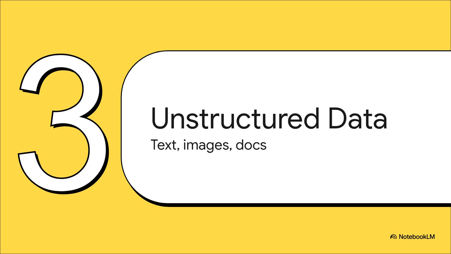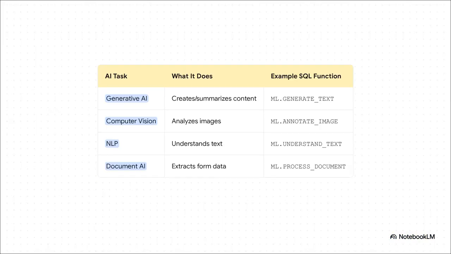Okay, so we've got this awesome shortcut. Now for the fun part. What can we actually start doing with it? Let's begin by tackling all that messy, unstructured data we talked about. You know, the text, the images, and the documents. This is where it gets really cool. It basically maps these super powerful AI capabilities directly to simple SQL commands.